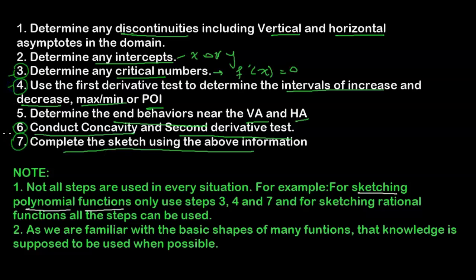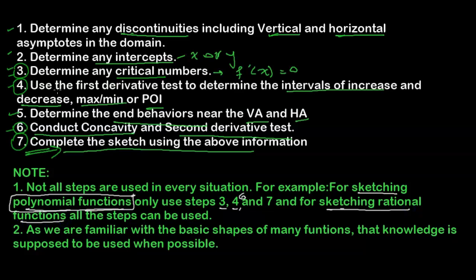So third, fourth, sixth, and seventh step is what is supposed to be used for sketching polynomial functions. Whereas for sketching rational functions, we can use all of these steps.